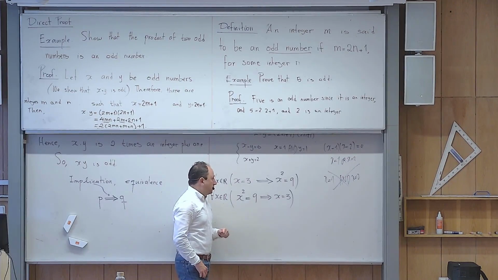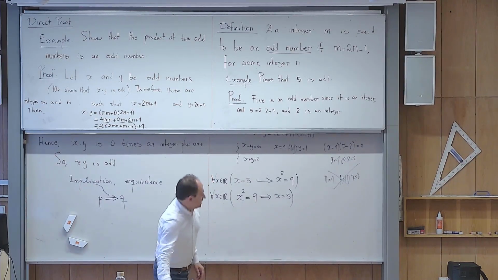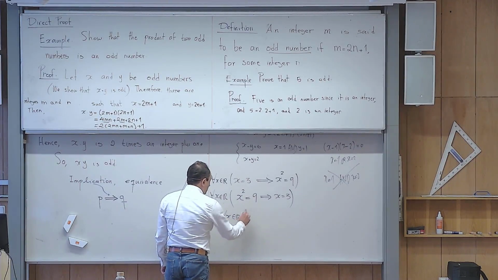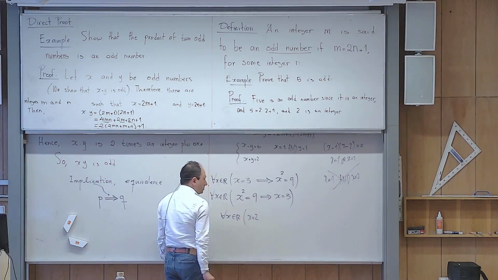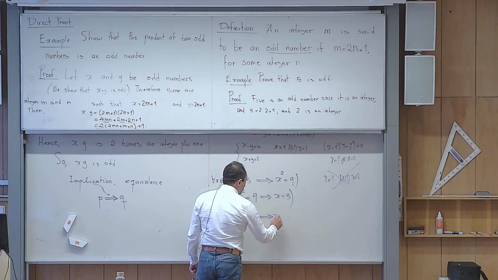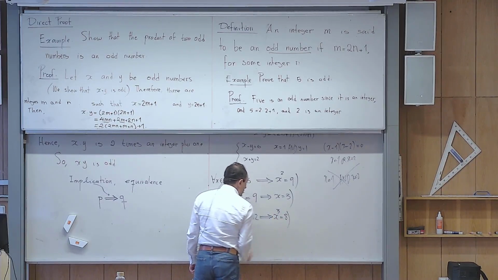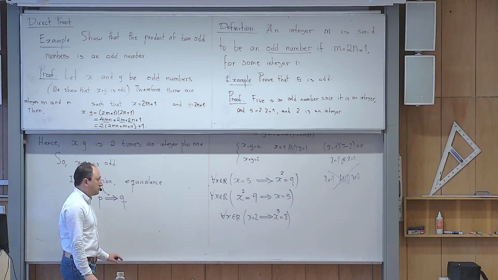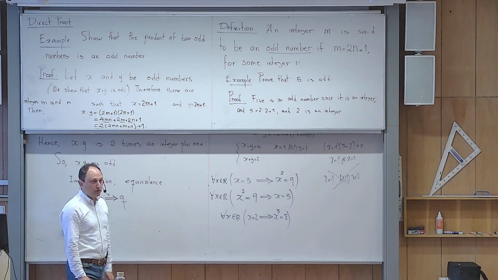Now let me change this example a little bit. So I would say that for all x in R, x is equal to 2 implies x to the power of 3 is 8. Do you think this is correct? Do you think x equals 2 guarantees that x to the power of 3 is 8?